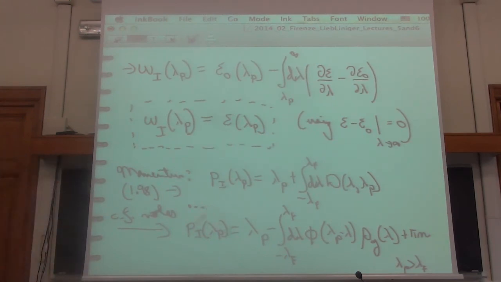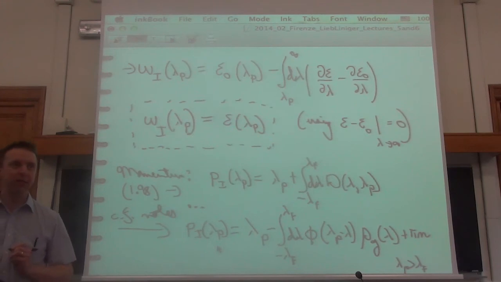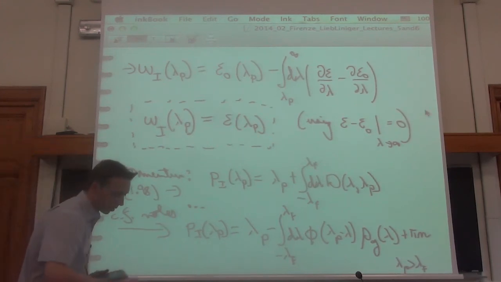Now we have the energy, we have the momentum as a function of lambda. So what we can calculate essentially is the group velocity of these excitations, d omega dk, or d omega dp. So let's just do that quickly.